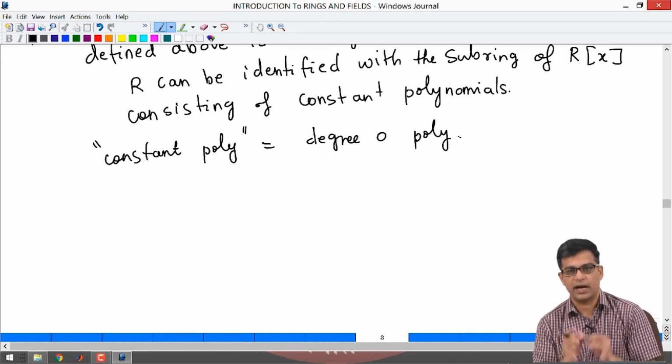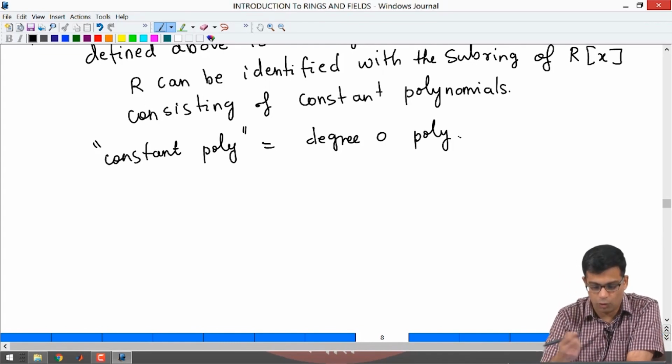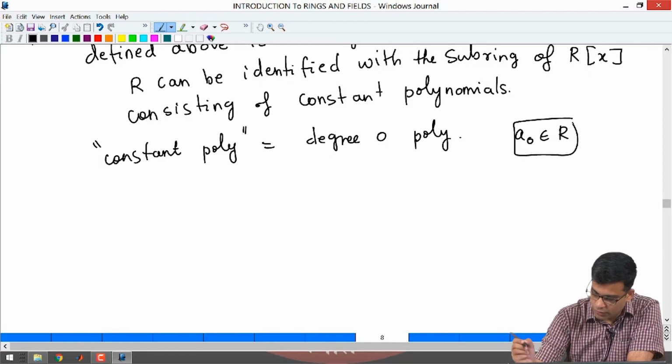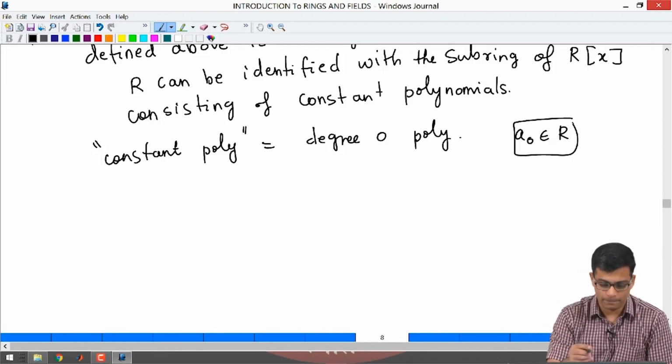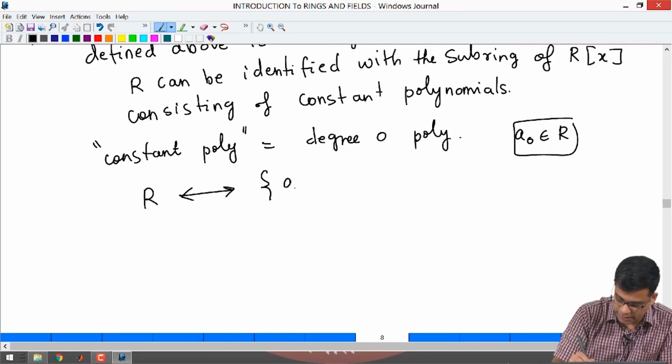Okay, so, inside R[x] you have degree 0 polynomials. So, what is a degree 0 polynomial? It is just of the form a_0, right, with a_0 in R. So, R can be identified with the set of a_0 in R[x].